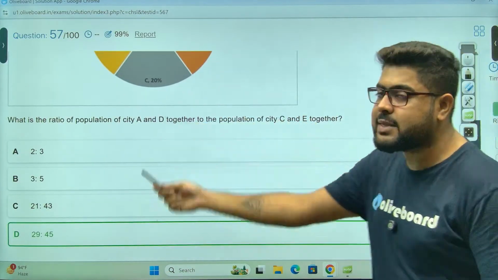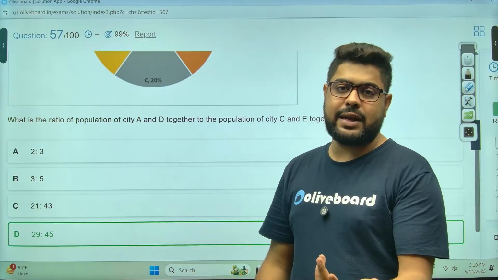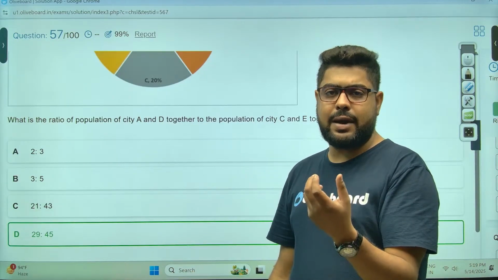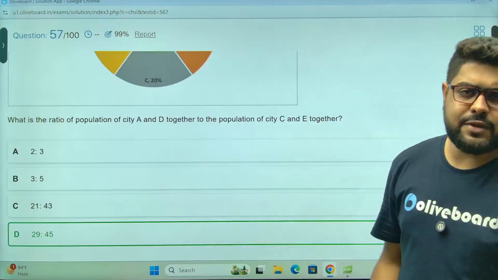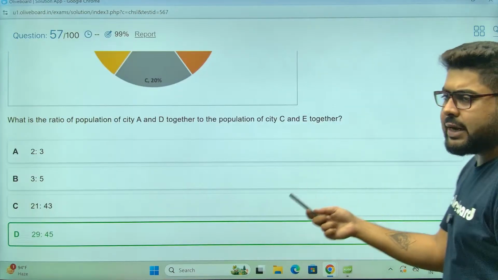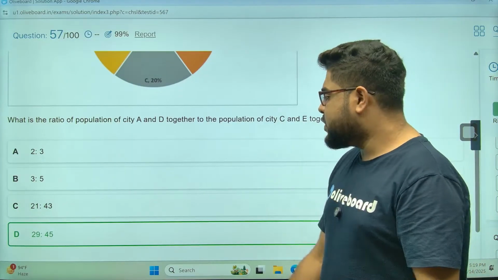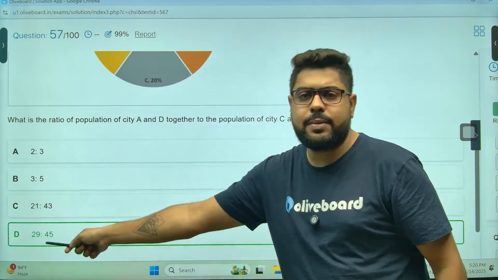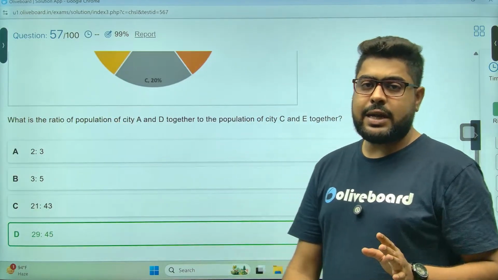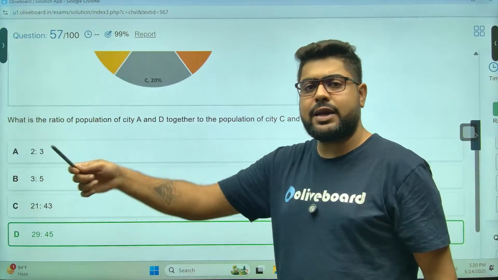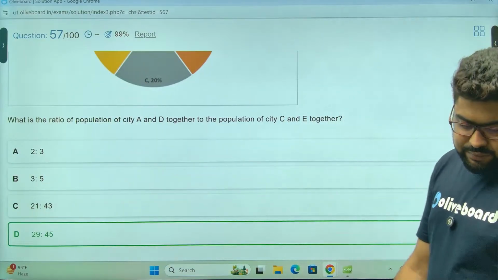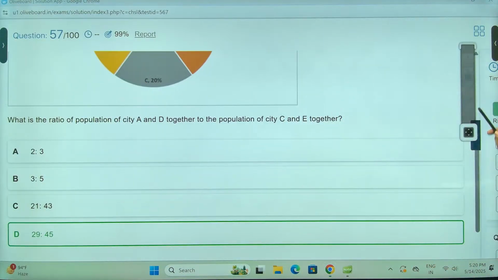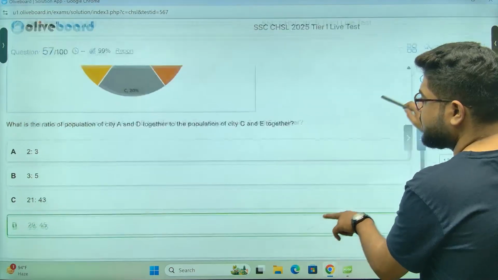Why? Because 29 is a prime number. The addition got 29. If it was not like 29, then we would have checked something else. Because 29 only has two factors. Answer will be either 29 or it will be 1 ratio something. That means the second part is a multiple of 29. 29 got cancelled. That's the only possibility. Clear, sir? Chalo.